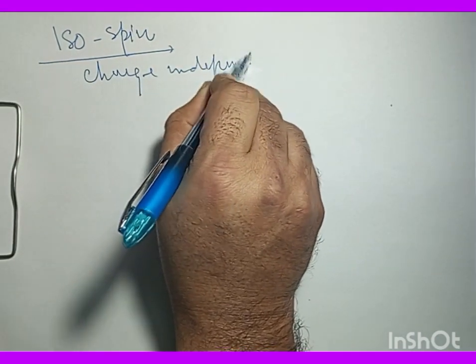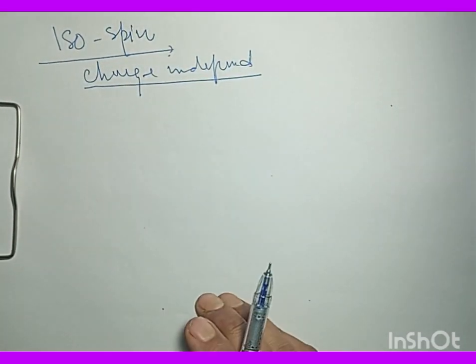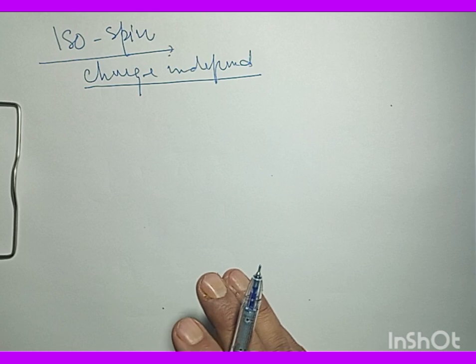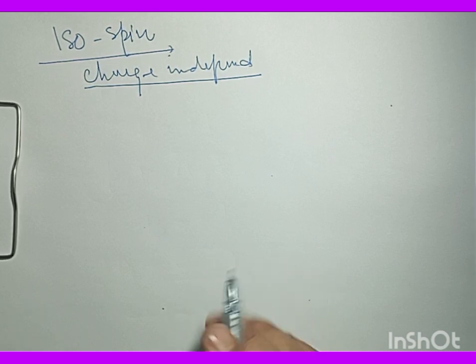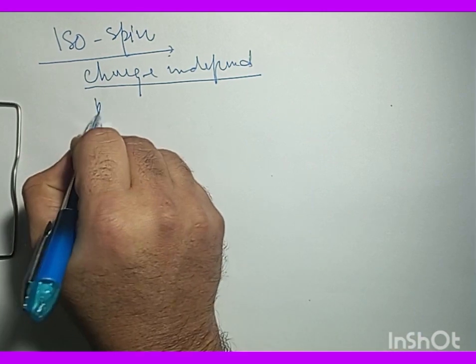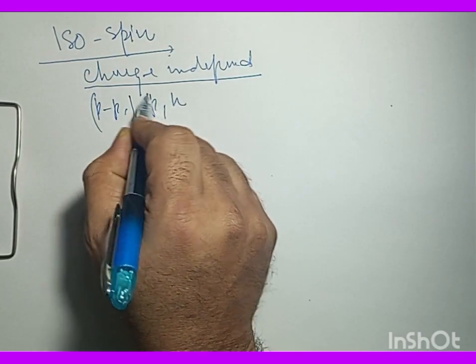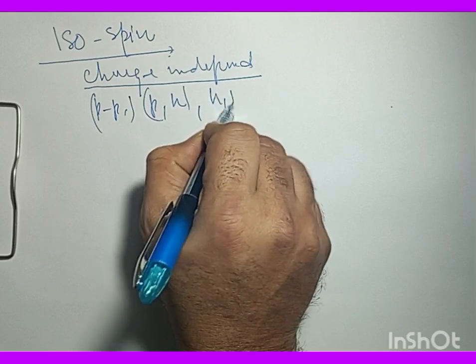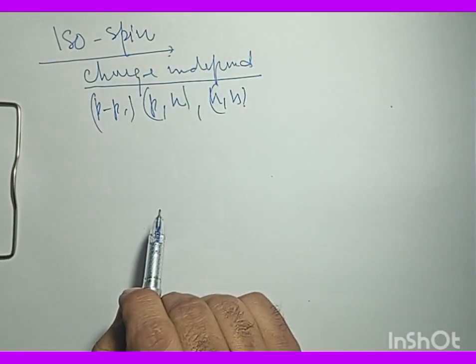That means the force between proton and proton is the same as the force between proton and neutron, and neutron and neutron. All of these forces have the same magnitude.